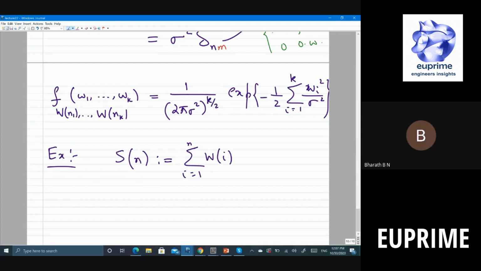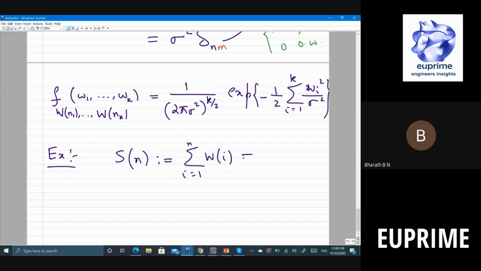Okay, this is some process. So these w of n are all IID random variables. Is that fine?